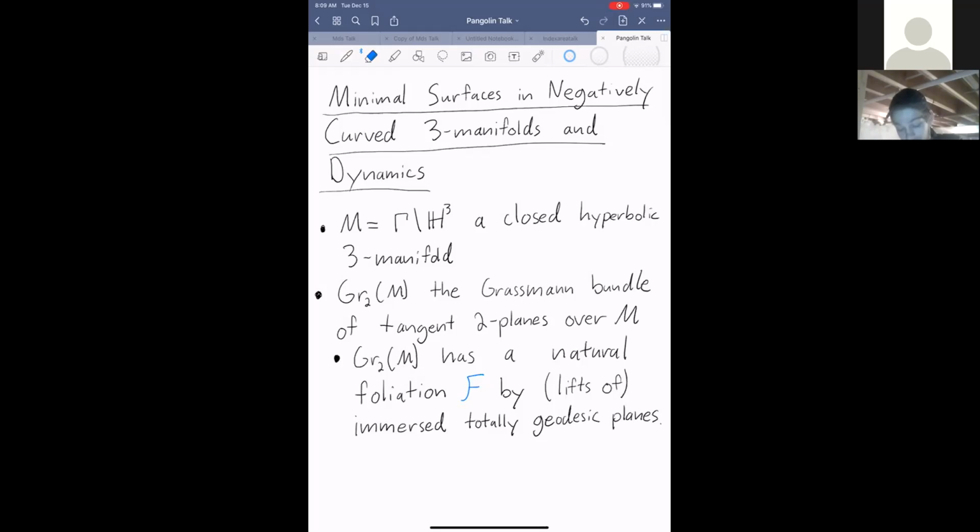You can check that this gives you a foliation of this Grassmann bundle of tangent two planes. This foliation blue F is going to be the model case for the main theorem of this talk, so it's going to come up again and again.